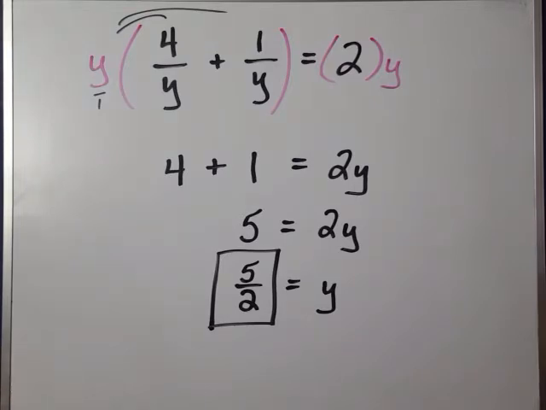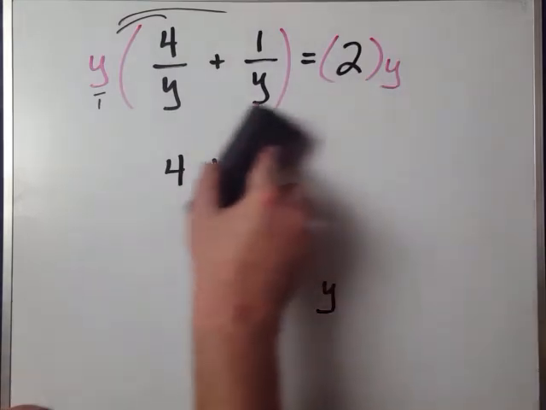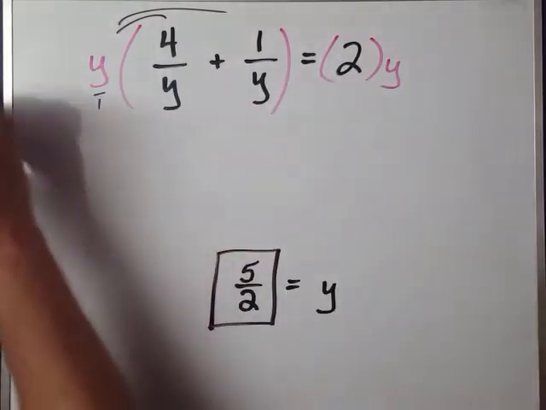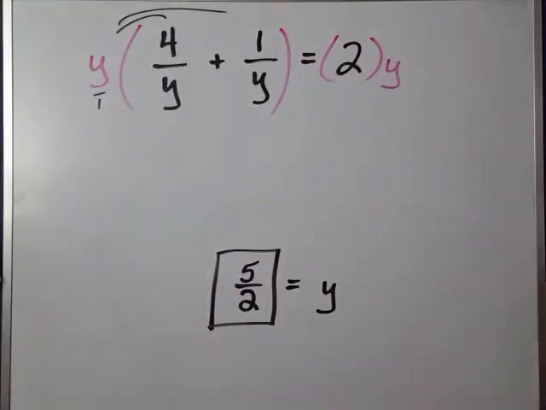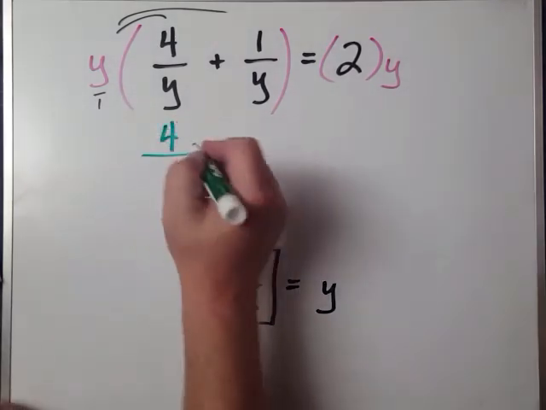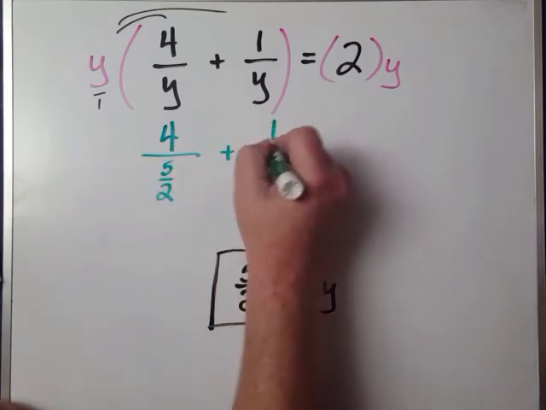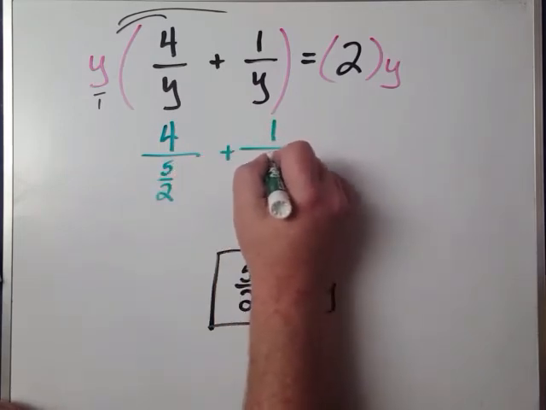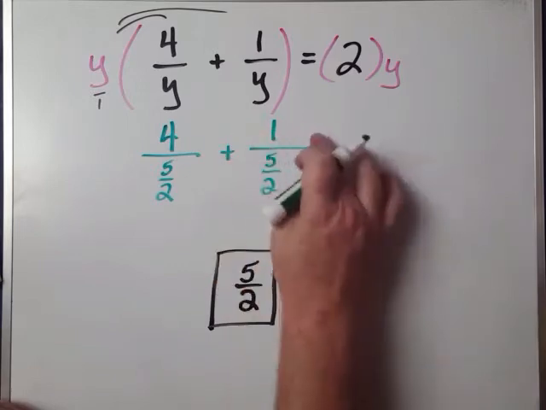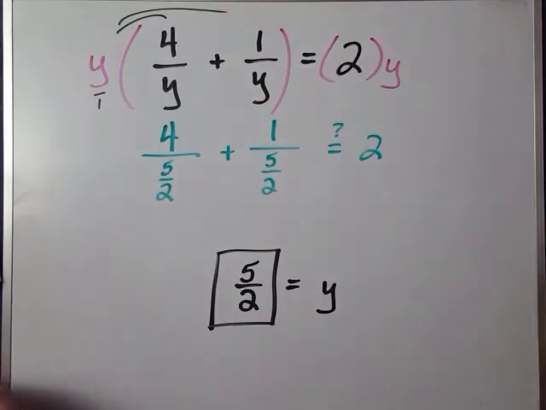Let's check this one. Let's see if plugging 5/2 back in for y in the original equation gives me a true statement. 4 over 5/2 plus 1 over 5/2. Is that equal to 2?